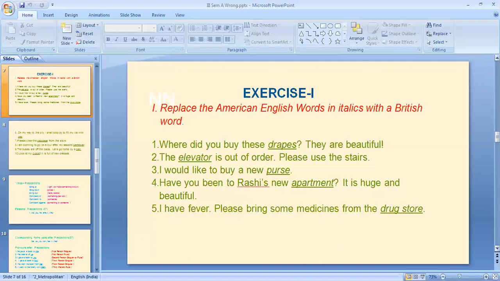But the British people don't use the word drugstore for the shops which sell medicines. They use the word chemist, C-H-E-M-I-S-T. So the appropriate word for drugstore in British English is chemist.